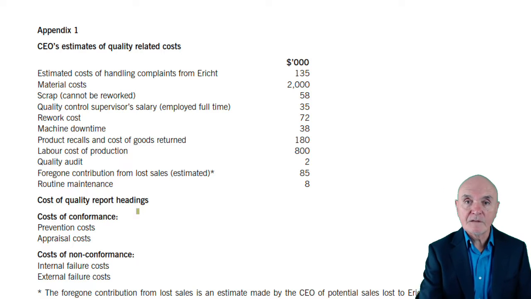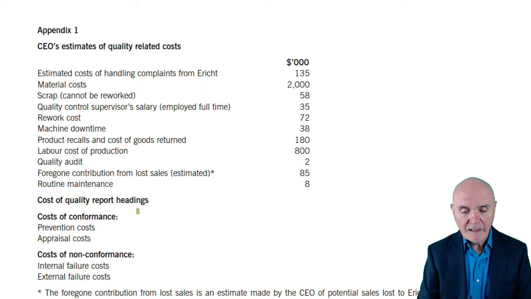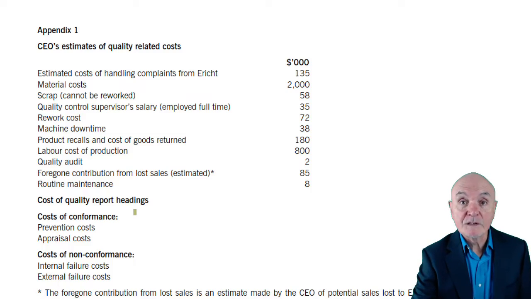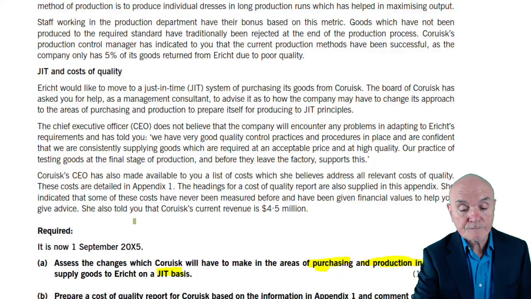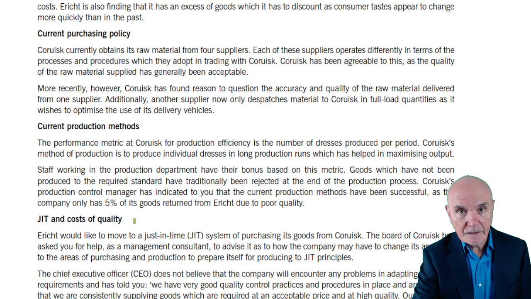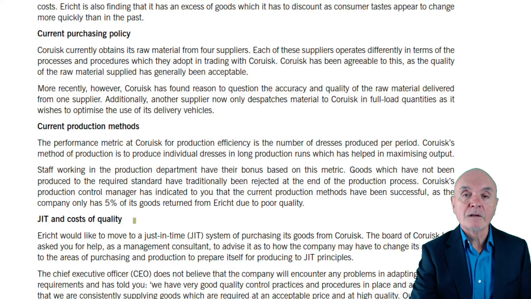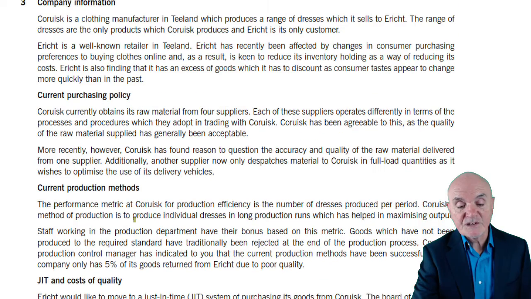We won't get into the detailed figures, I don't think, just yet. Appendix 1 was only referred to in Part B of the question. So just in time, keeping an eye on changes in production and changes in purchasing procedures.